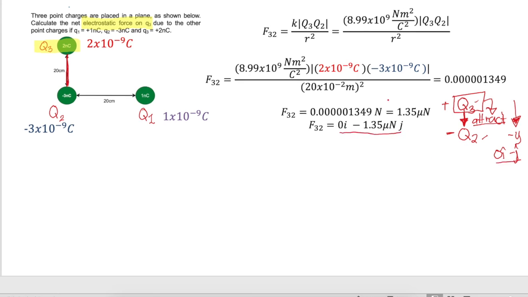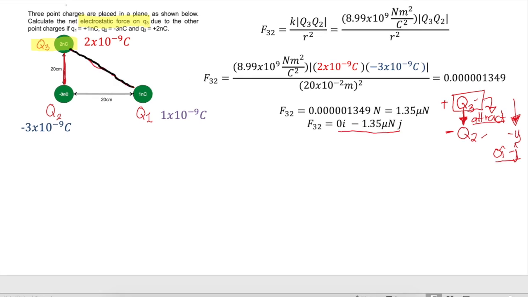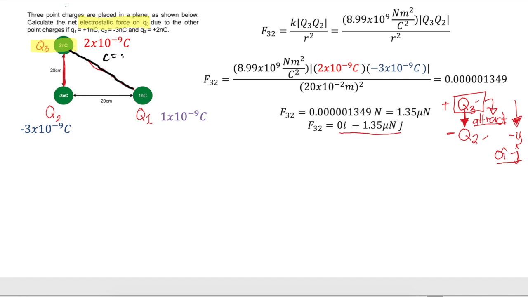So I hope you understand why I have this component form. Now, let's solve the next one, and that is the force experienced by Q3 due to Q1. But before that, let's compute the distance between them. I will use the Pythagorean theorem: 20 centimeters squared plus 20 centimeters squared.